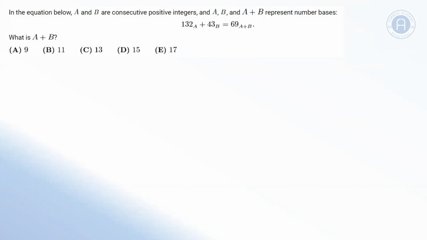So in this question, we're talking about number bases. I'll quickly show you an example before we start the question. The idea is that we can represent numbers in different bases. For instance, the numbers we usually use in maths, if I take 631, this is base 10. So this 6 represents 6 times 10 to the power of 2. This 3 represents 3 times 10 to the power of 1. And the 1 represents 1 times 10 to the power of 0.